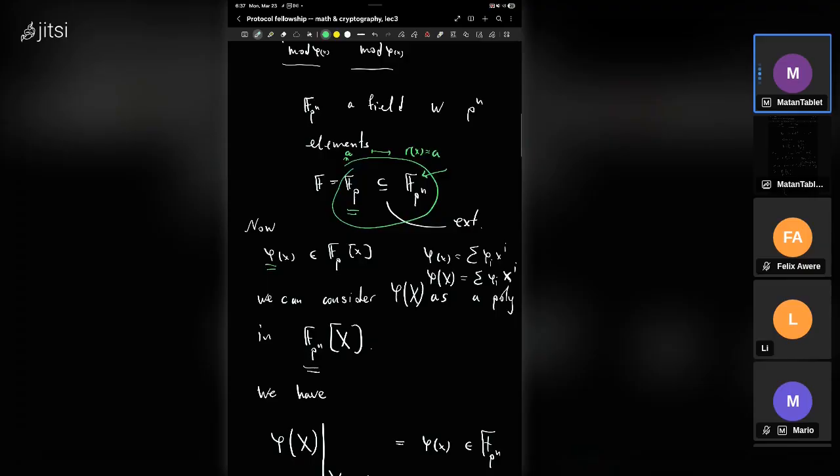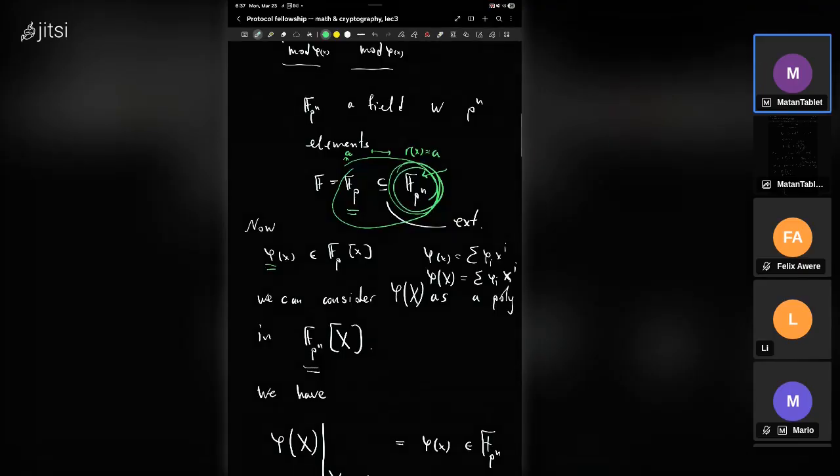Technically, it's a new polynomial, even though the coefficients are the same. But now it has a big variable X, and it is considered over the big field Fp to the n. And just like with any polynomial over any field, if I give you an element in the field, you can substitute this element instead of the variable of the polynomial.